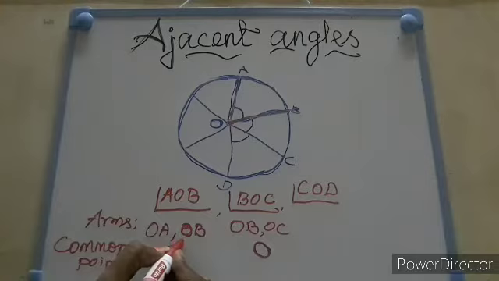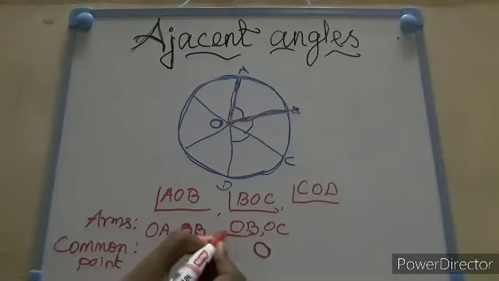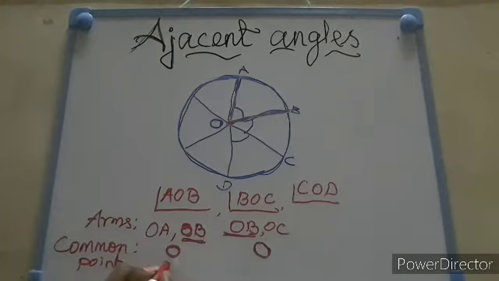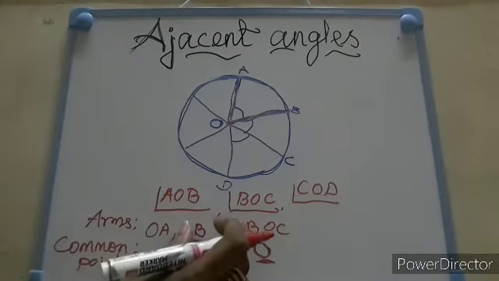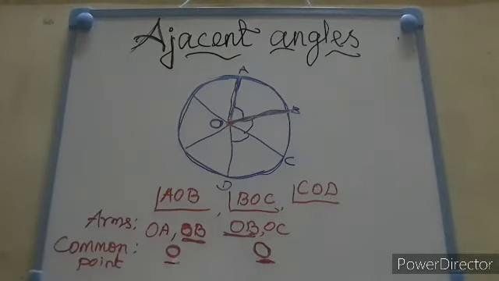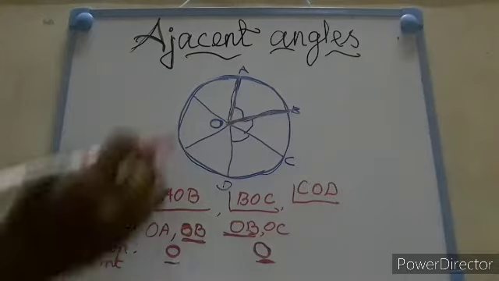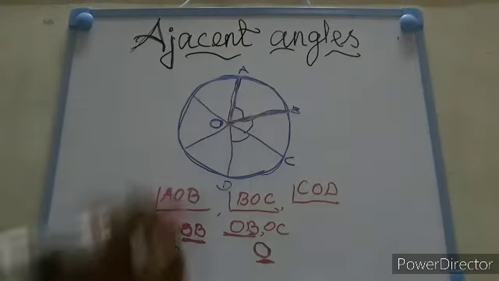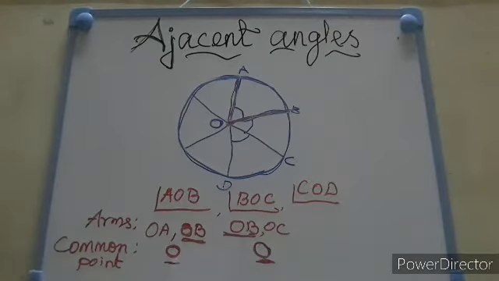OB arm here as well as OB there. Point O as well as point O. The common points are the same, and one arm is the same, right? So these are called adjacent angles.